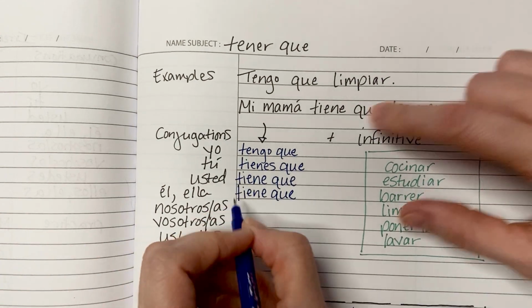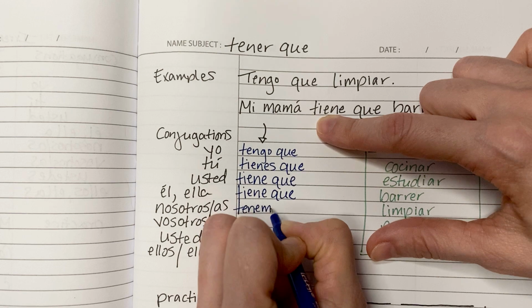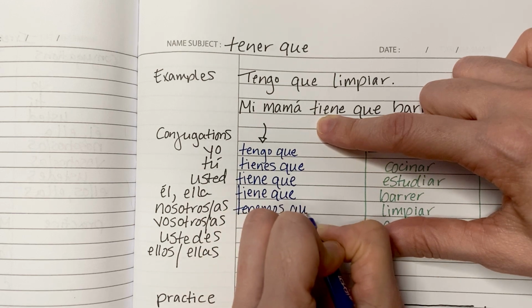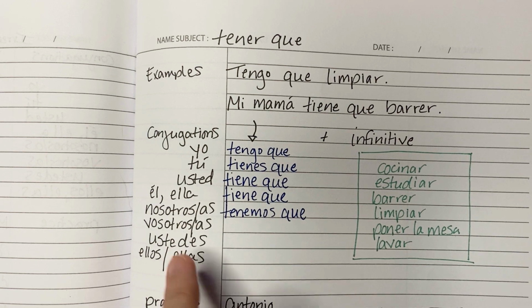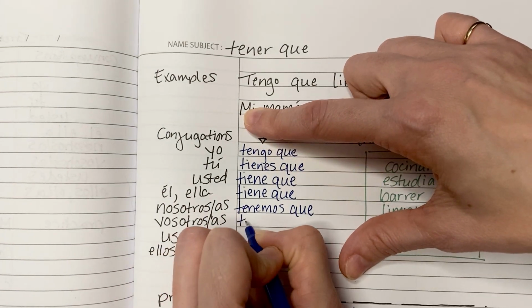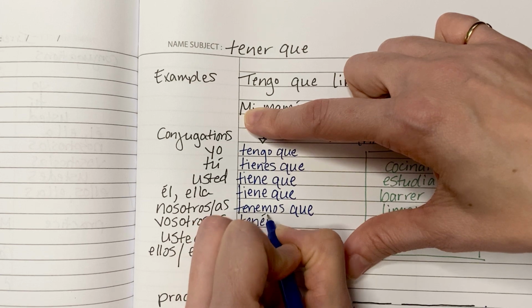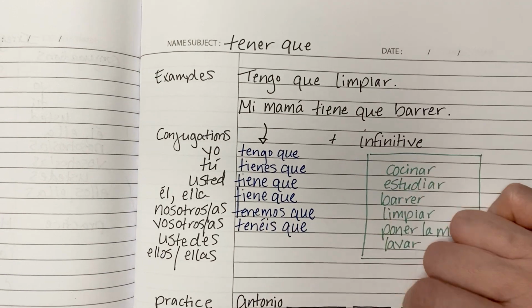We have to, nosotros tenemos que. And then you guys, if I'm in Spain and I'm using the vosotros form, I'd say tenéis. Okay, don't forget the accent mark there.